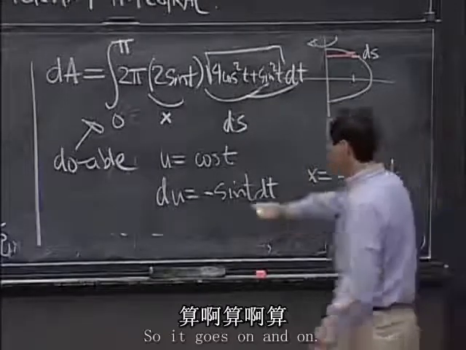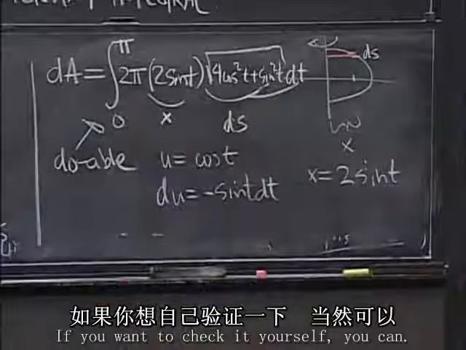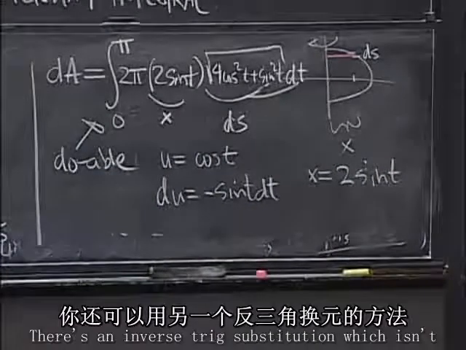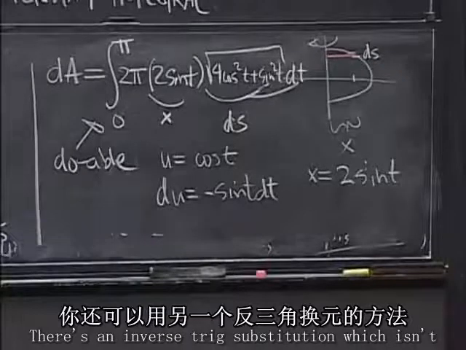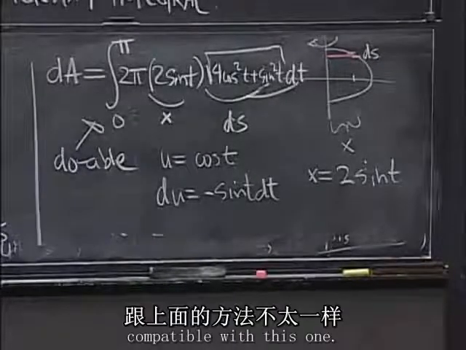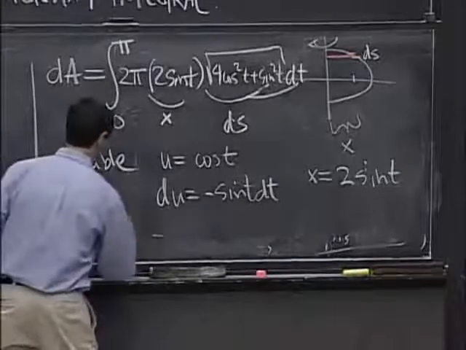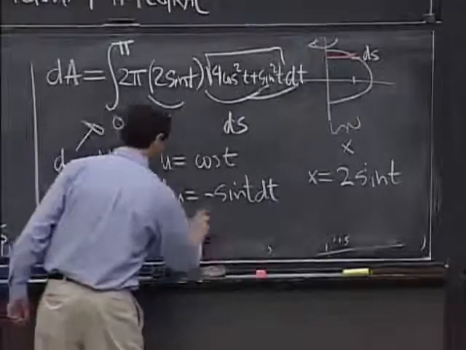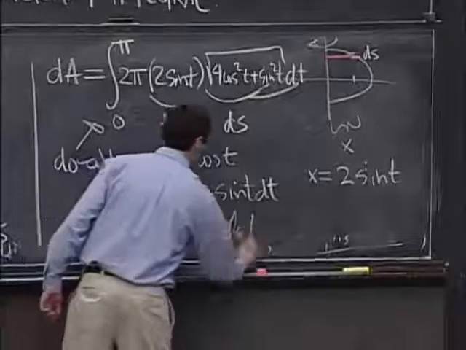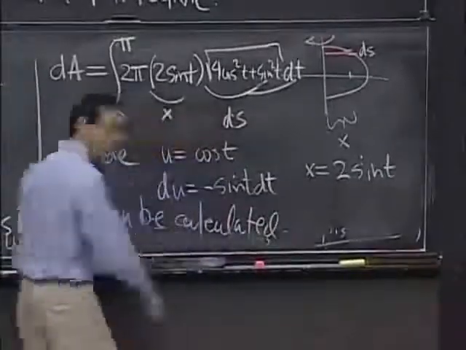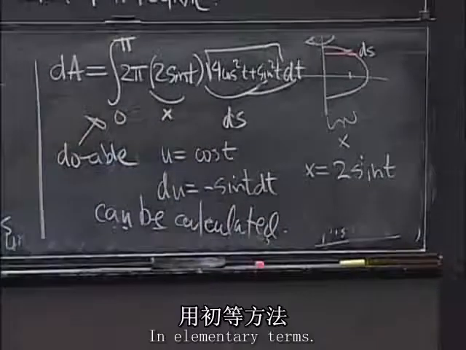So it goes on and on. If you want to check it yourself, you can. All right, there's an inverse trig substitution which isn't compatible with this one. All right, but it can be done. Calculated. All right, in elementary terms.